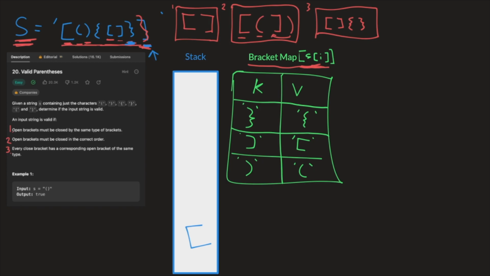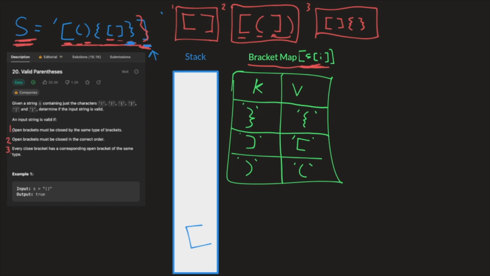It says yes, and it returns this value here, this opening curly brace. And so we take that curly brace value and compare it. Is this curly brace value equal to the value at the top of our stack, this opening square bracket? They are not equal to each other, and therefore we would return false and stop iterating through the string.